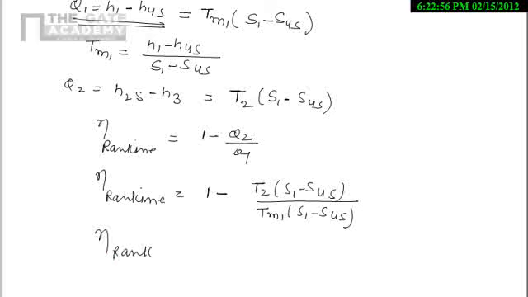So now Rankine cycle efficiency will be 1 minus T2 by Tm1. T2 is the temperature of heat rejection, so this will be the lower temperature.